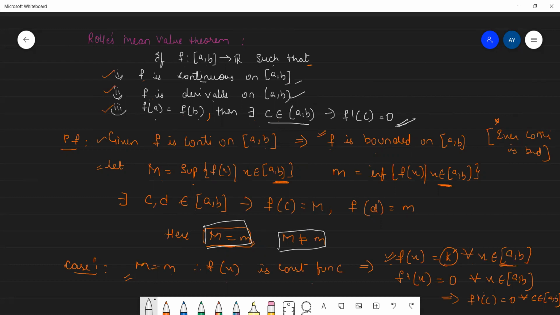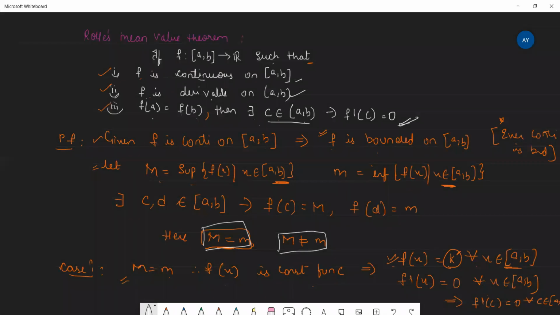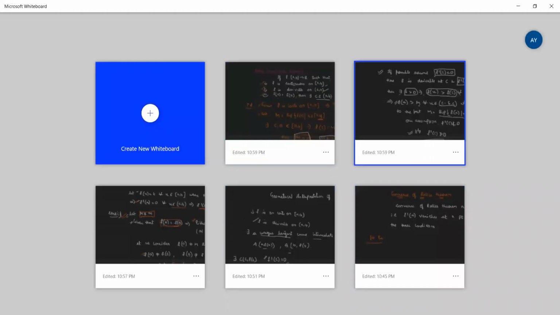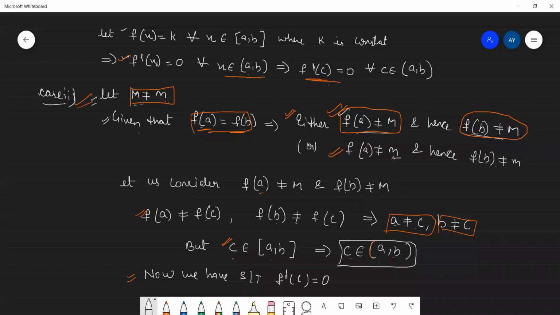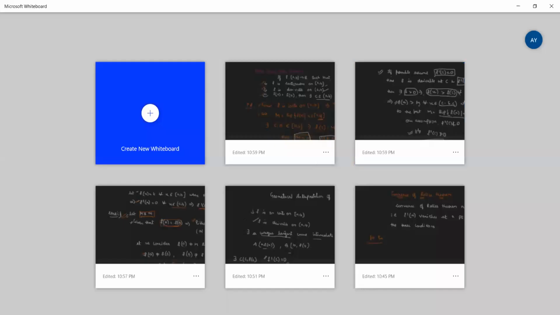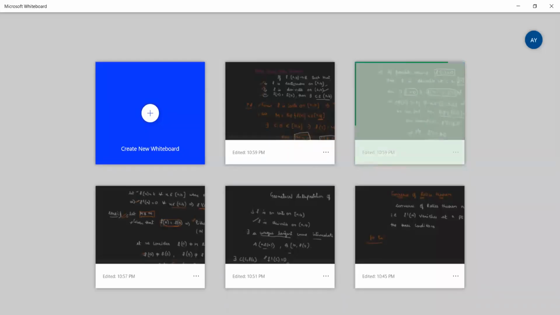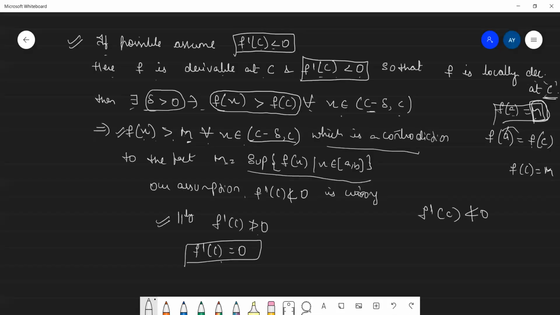For M equals m, we took f of x equals k and its derivative is equal to 0. In case 2, we just took M not equal to m and we proved f dash of C equals 0. At last, we got a contradiction and we ended up telling f dash of C is equal to 0.